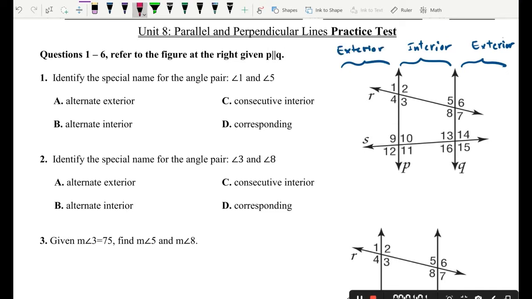Besides interior and exterior, you need to know alternate. Alternate means opposite sides of the transversal. And you also need to know corresponding.